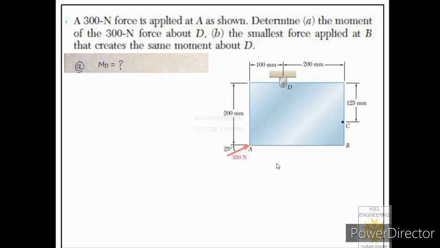So let us first resolve this force into its components. How to resolve? It is very easy. This is the vector given to us. Two points are there, starting point and the tip. You can choose any point to label the vectors or the components of this vector. So let us choose this tip. Then from that tip, draw two lines, one in horizontal direction and one in vertical direction.